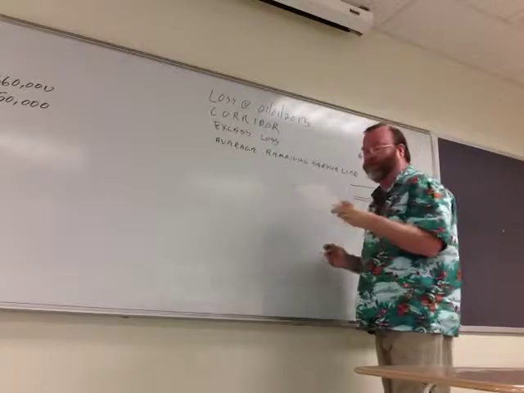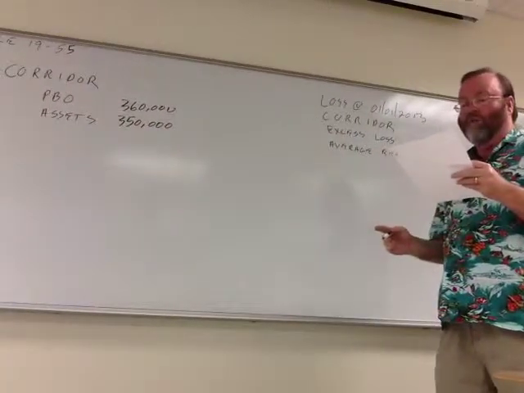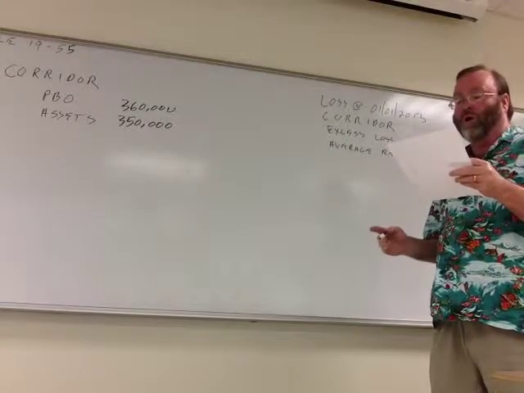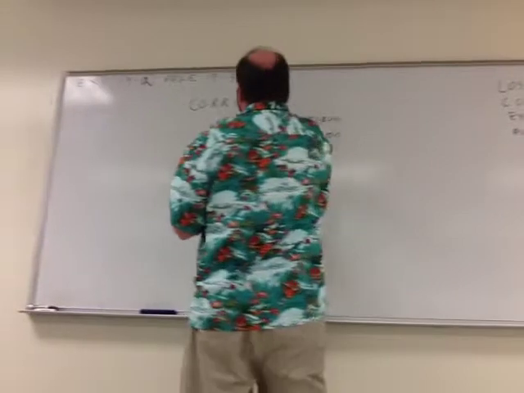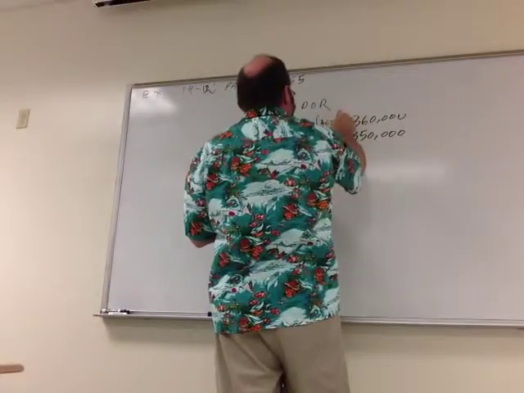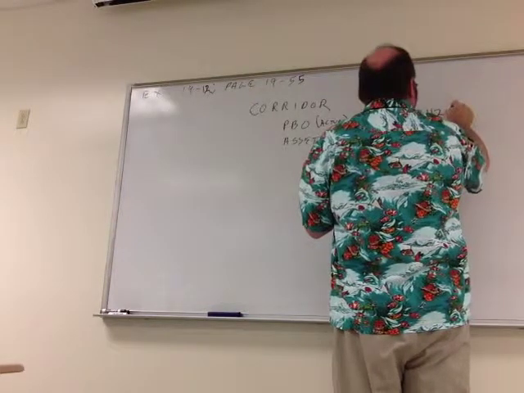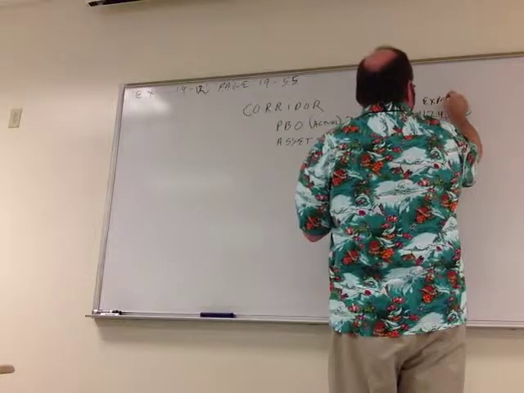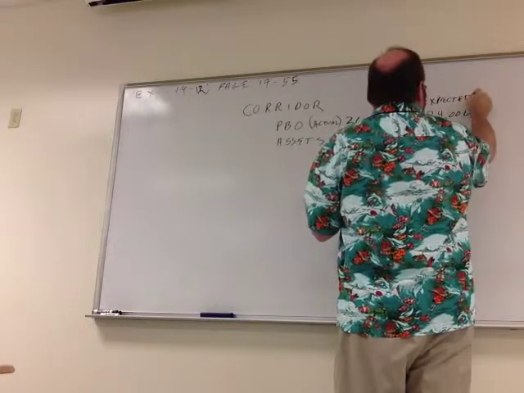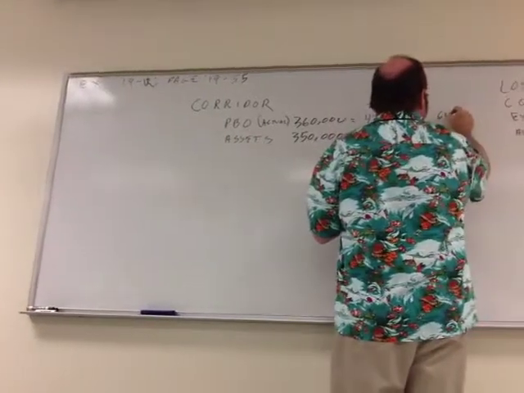That's the difference between the expected benefit obligation of $424,000 and $360,000. So this is actual, whereas 424 was what we expected. The difference between those two is the 64,000.